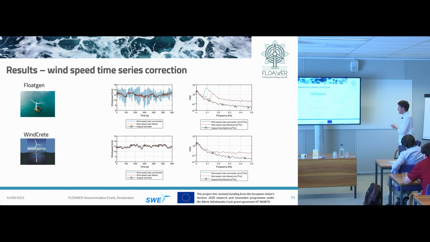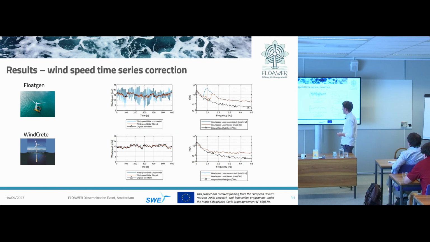And again, the results for the two floater types. So we see FlowGen, where this is the case. We have this strong pitch frequency around 10 seconds, so it's mostly wave excited, and we apply this frequency filter, and it turns out that the correction is quite good.